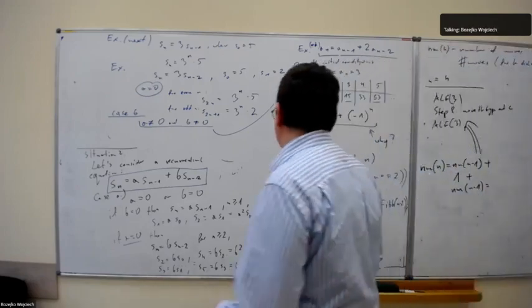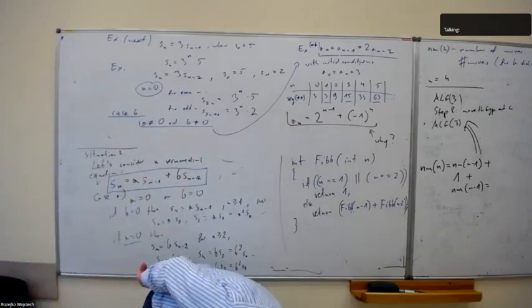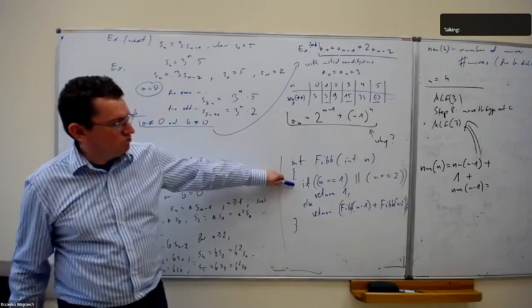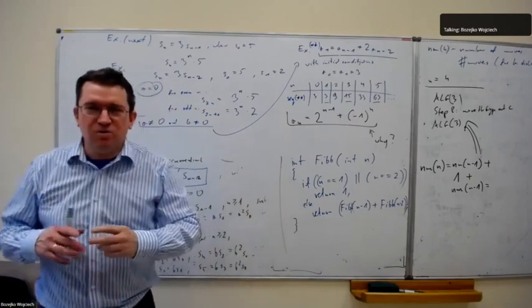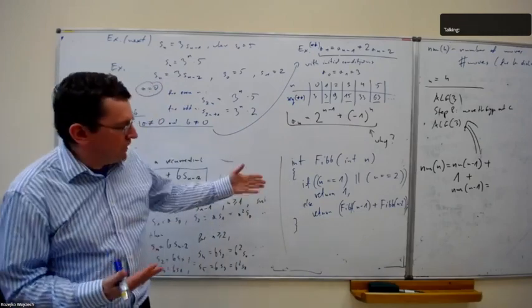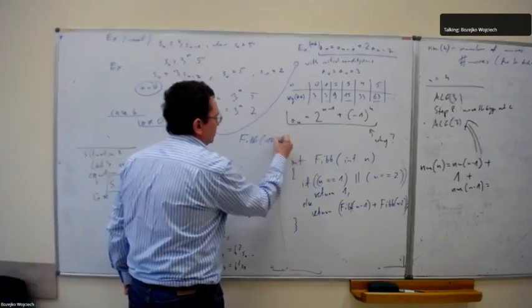Of course, in computer programming languages, we need an initial condition to end the recurrence. But if we ask what will be the number of steps to compute, for instance, Fibonacci of 1,000?